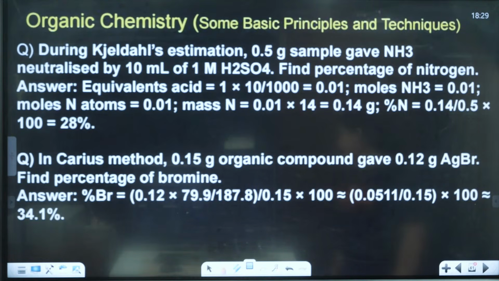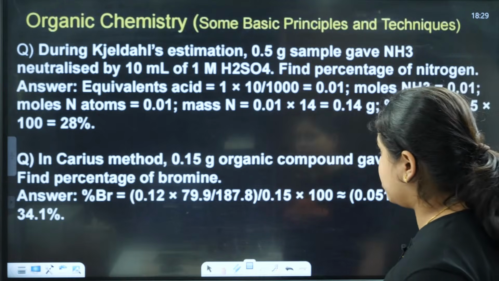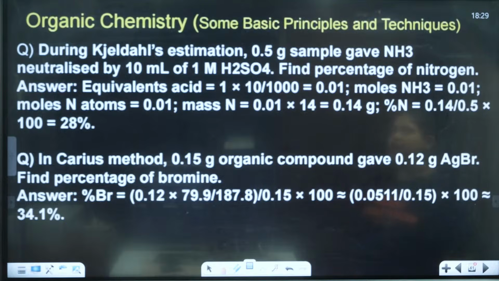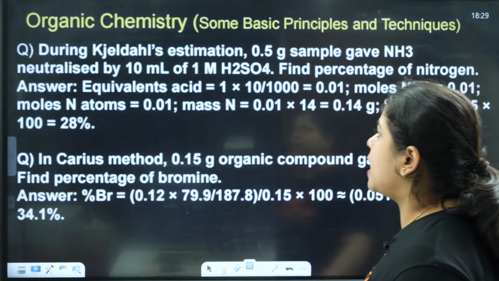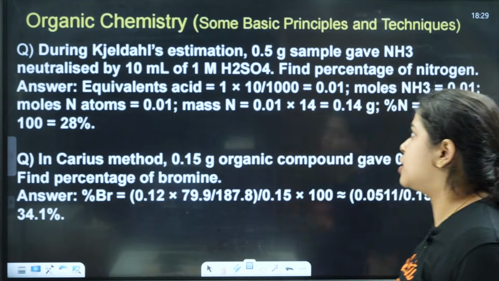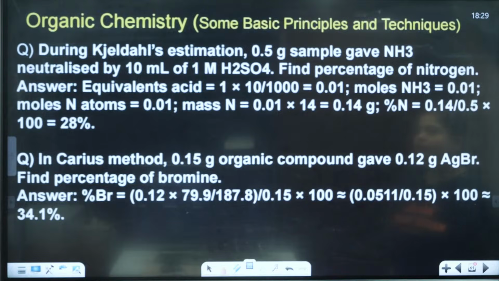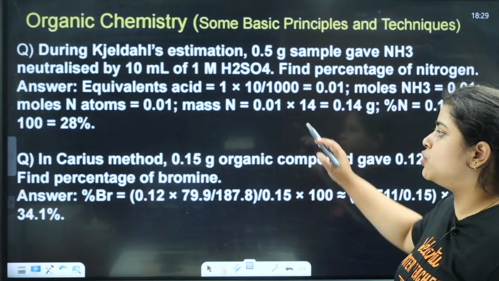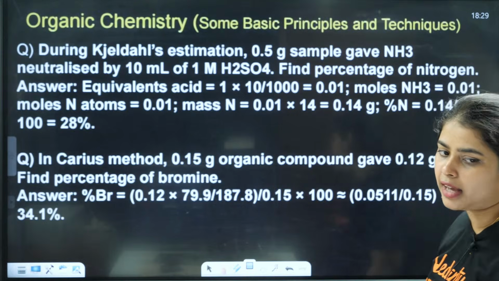Explain. During Kjeldahl's estimation, 0.5 gram of sample gave NH3 neutralized by 8 ml of N/10 H2SO4. Find the percentage of nitrogen. You should use the formula and directly find the percentage.